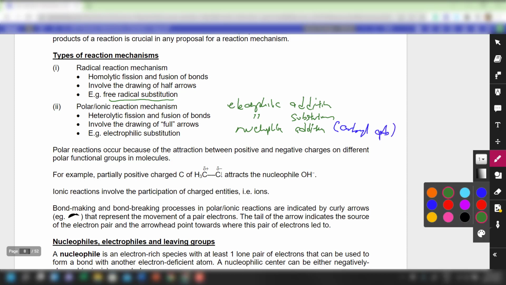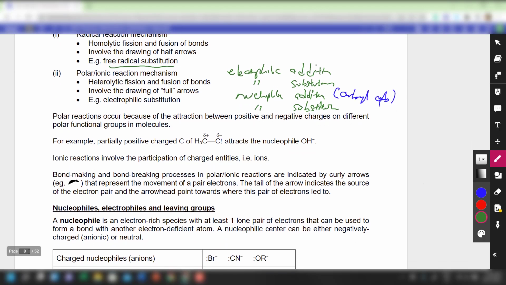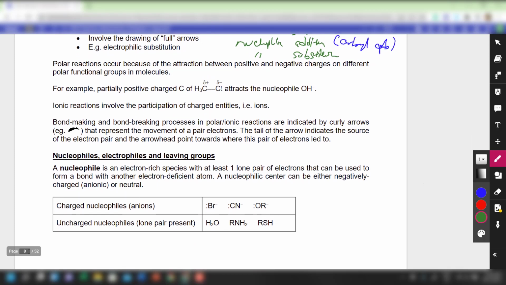And then the final one will be nucleophilic substitution, which you are familiar with from the chapter on halogen derivatives for H2, as well as what we have gone through for activity 4. So these are just some of the brief ideas I mentioned to you. I think you can go through them on your own.